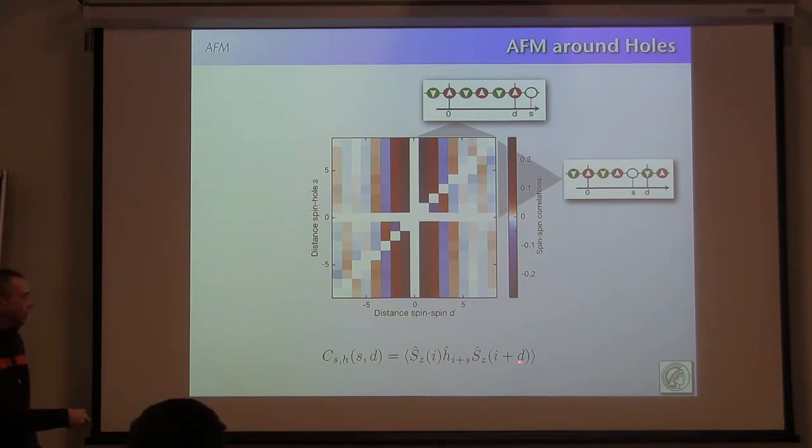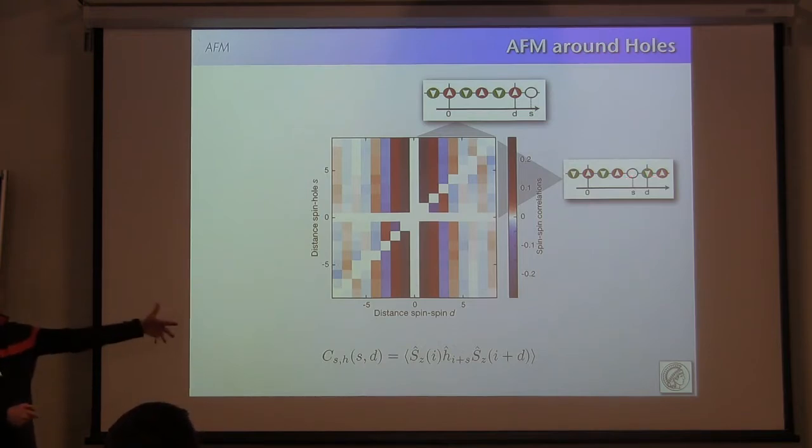S can be smaller than D, so the hole sits within the distance of the spins you're correlating, or S is larger than D. And that should have profoundly different effects, because remember, when S is smaller than D, you have this parity flip of the antiferromagnetic background. And this is what we see.